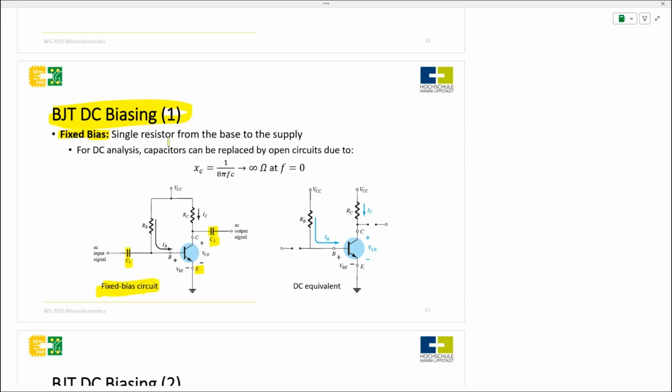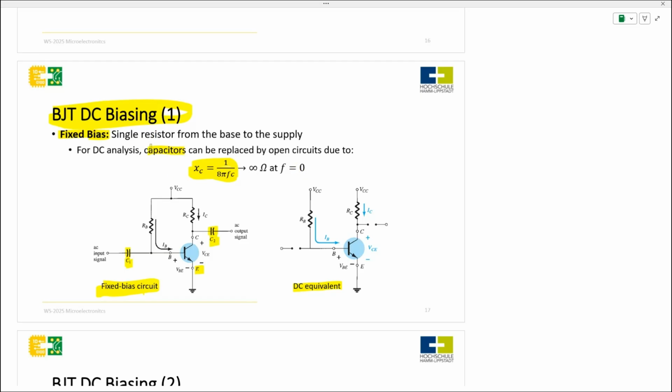So, of course, we are going to do the DC equivalent, and it was mentioned that for the DC analysis, capacitors can be replaced by an open circuit. So this is our equation. We have our IC equal over 8BFC, which goes to infinity when the frequency equals 0.